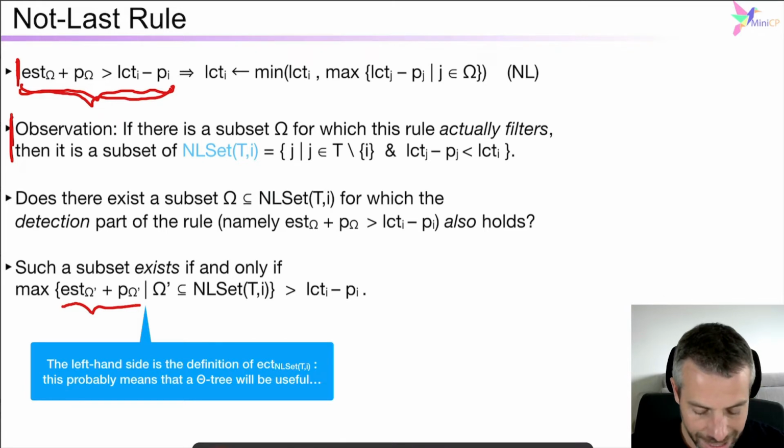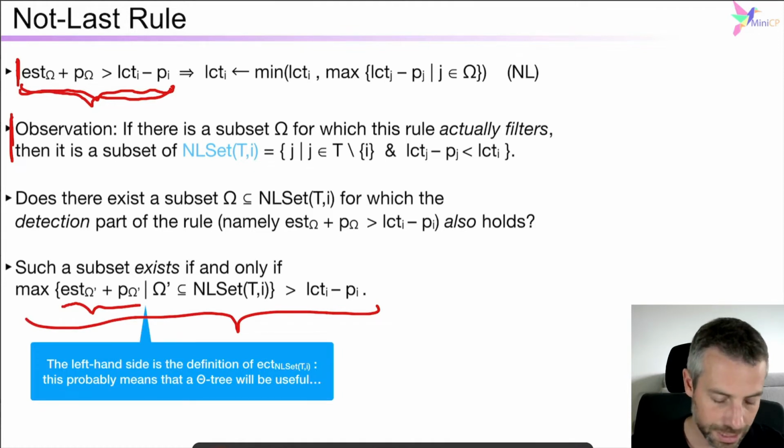Because if it is not the case for the maximum, then it is not the case for any of them. So it's a mandatory condition that for the maximum of the subset omega prime, this is true. If we want to have a chance to filter, this must be true for the maximum.